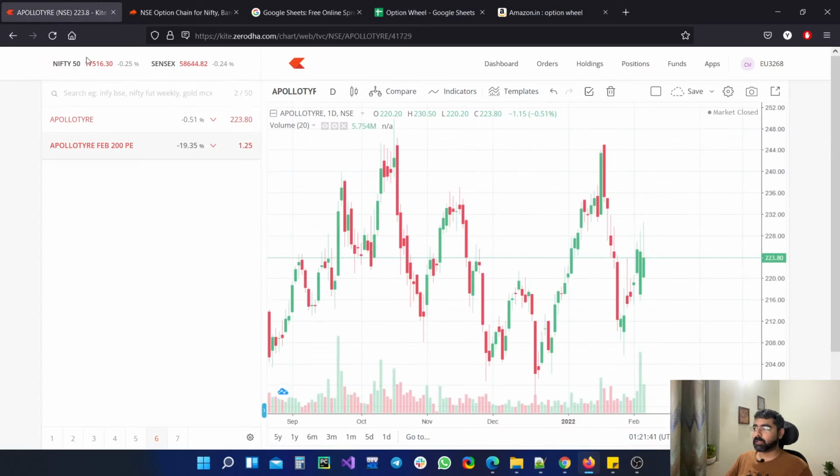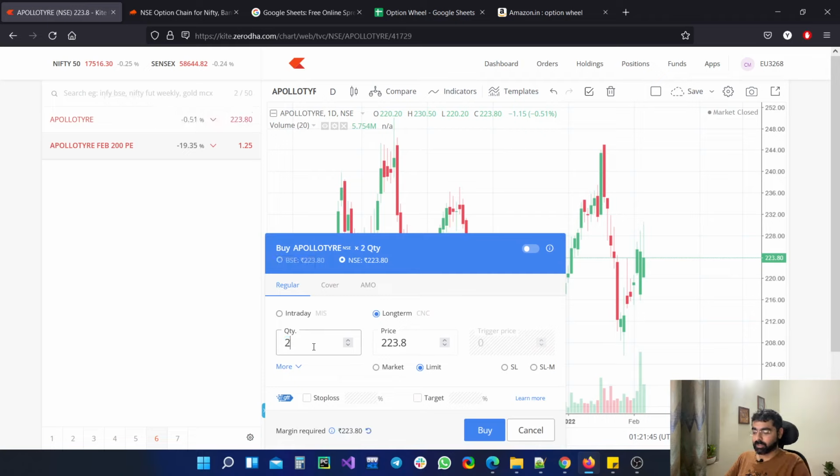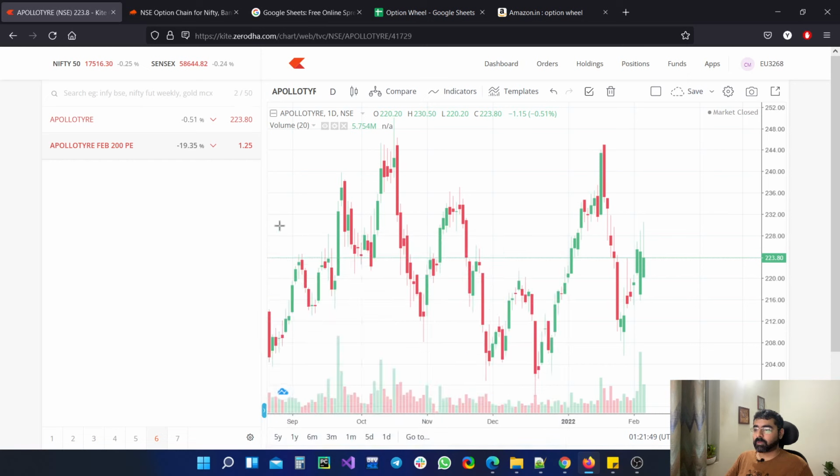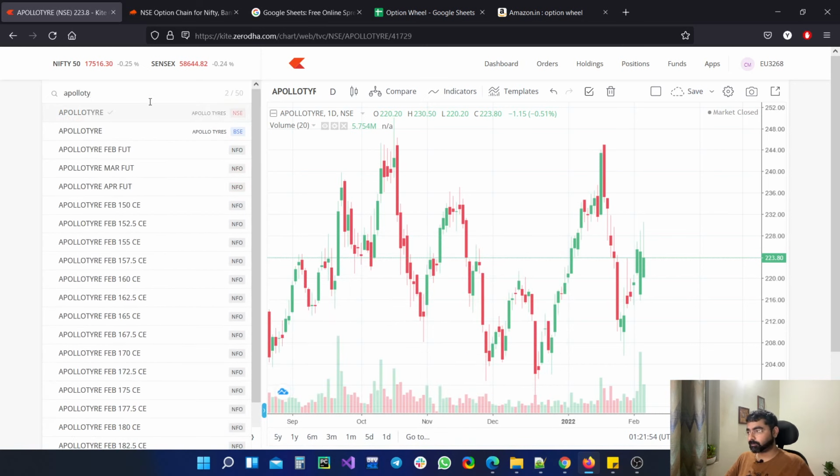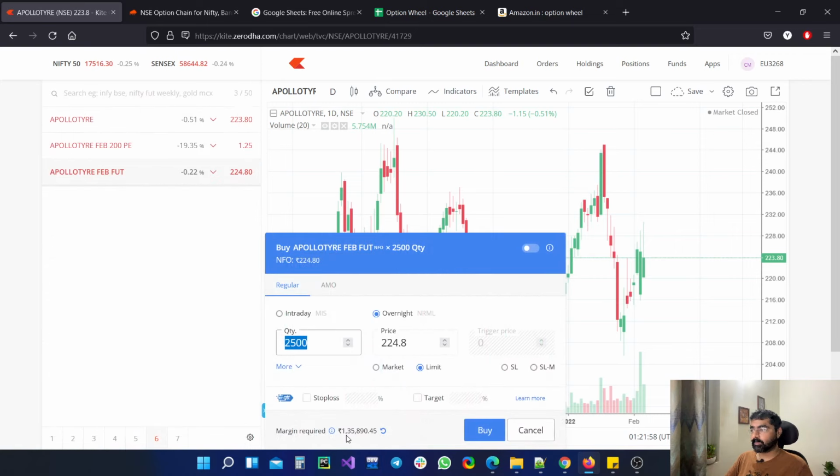What I mean by that is, if you were to buy 2500 quantity, obviously it's going to cost you 5.5 lakh. But if I buy Apollo Tyres futures, it's going to cost me only 1.35 lakh, and I am going to buy the futures and then start selling the calls in the month where I am getting it assigned.